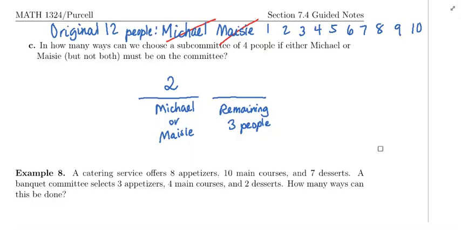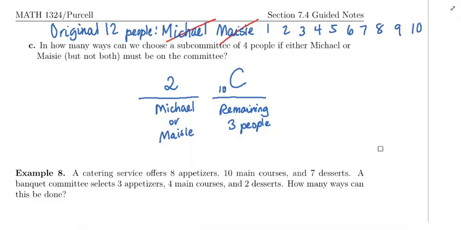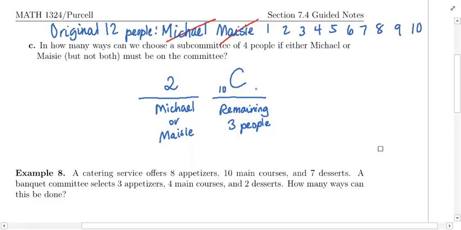Order isn't going to matter here, because if you put these 3 people in any order, it's still the same 3 people on the subcommittee. So it's going to be a combination. You're choosing from 10 people, not 12, the 10 people remaining on the large committee, taking away Michael and Maisie. Out of the 10 people, you're choosing 3 of them.